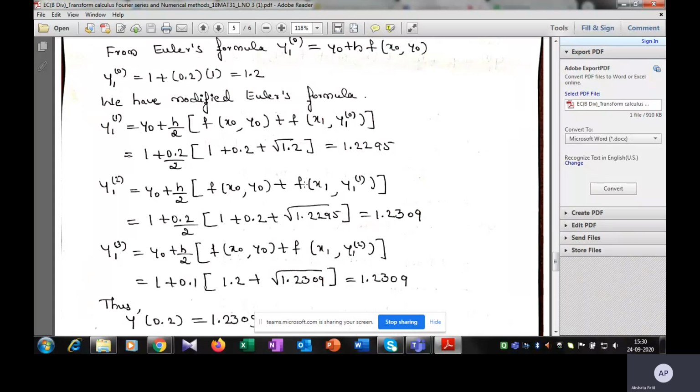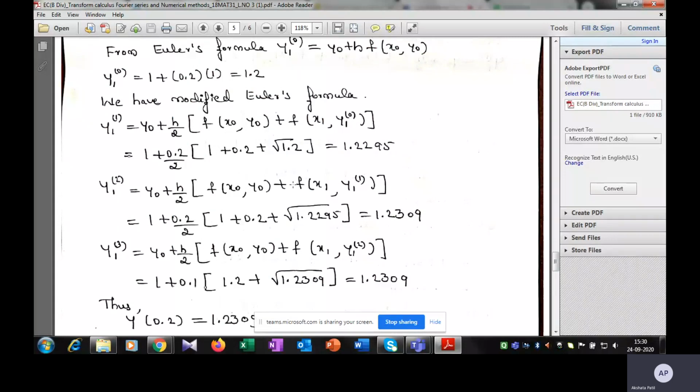So 1 plus f of x1 comma y1, means once again introduce the given differential equation, which is in the form x plus mod of root y. x means x1, y means y1 of first iteration value. So x1 is 0.2 plus y1 of first iteration value is 1.2295. Simplified, you will get 1.2309 as the second approximation value of y1.